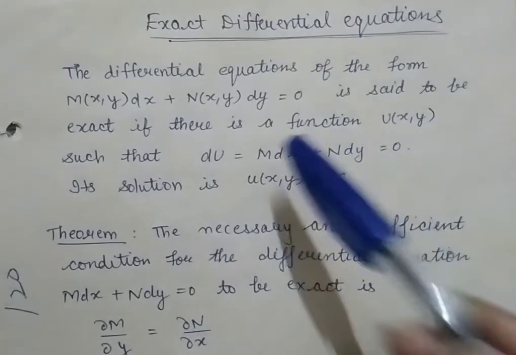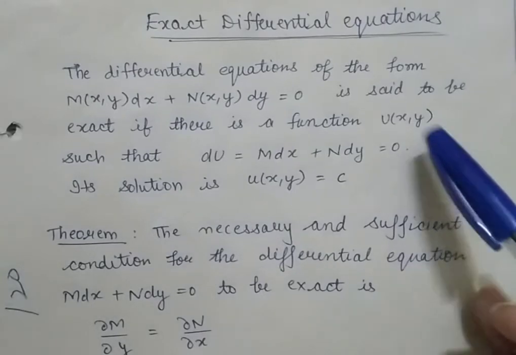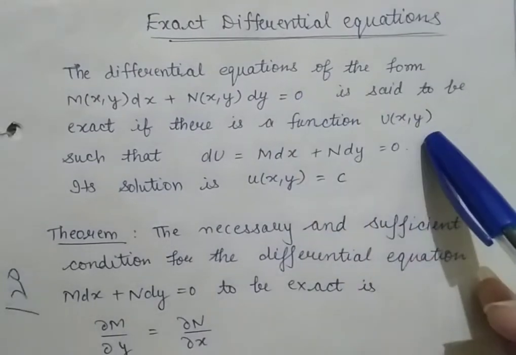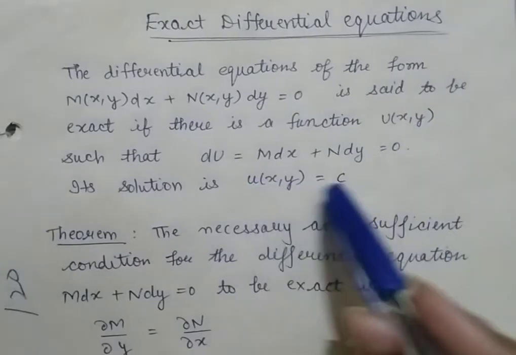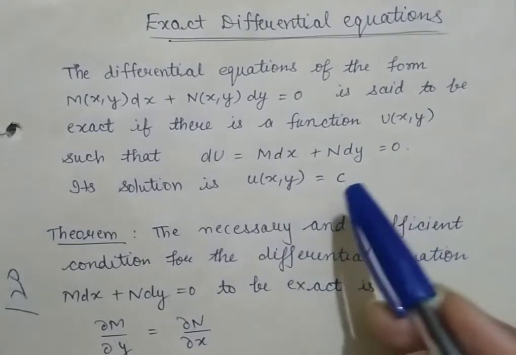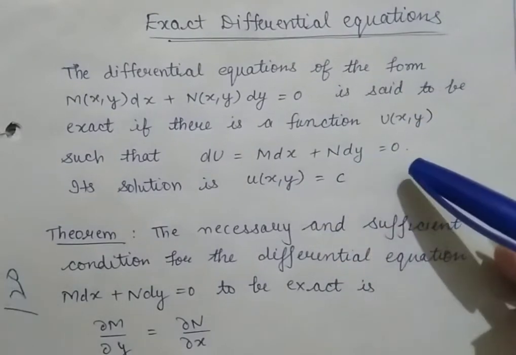So if there is a function u(x,y), it is a solution of this differential equation. And if such a function exists, then when we differentiate u(x,y) = c, I get the original differential equation, that is M dx + N dy = 0.